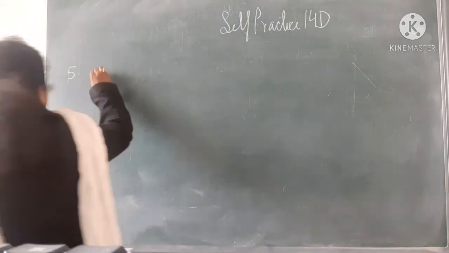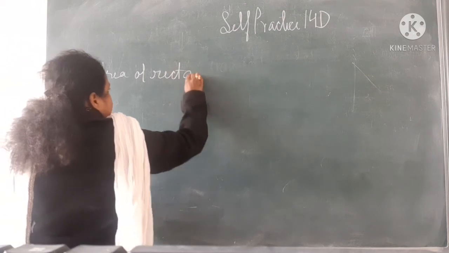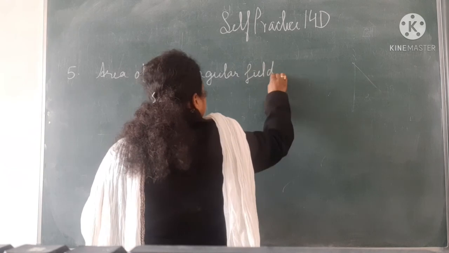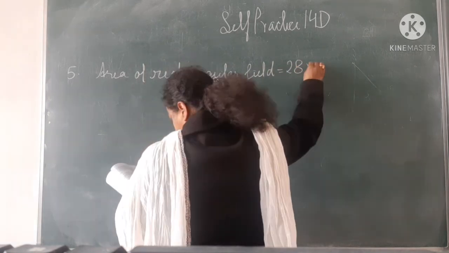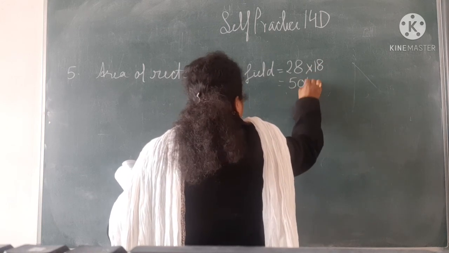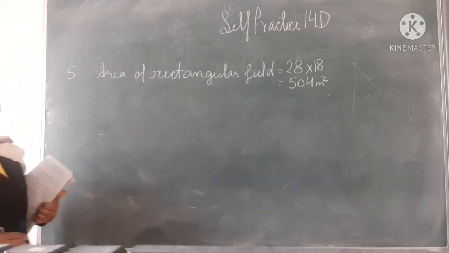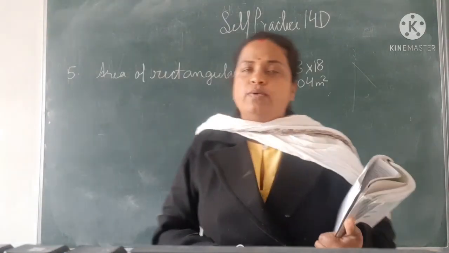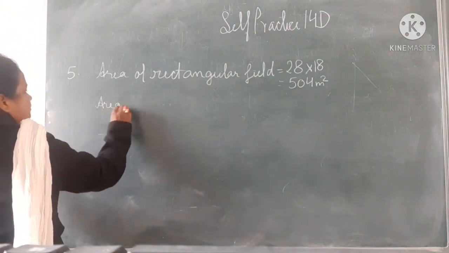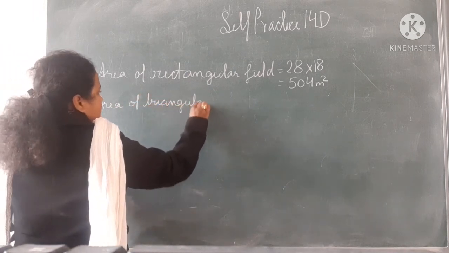So firstly we will find the area of the rectangular field. Area of the rectangular field is 28 into 18, that is equal to 504 meter square. Now next, the area of a triangular flower bed.